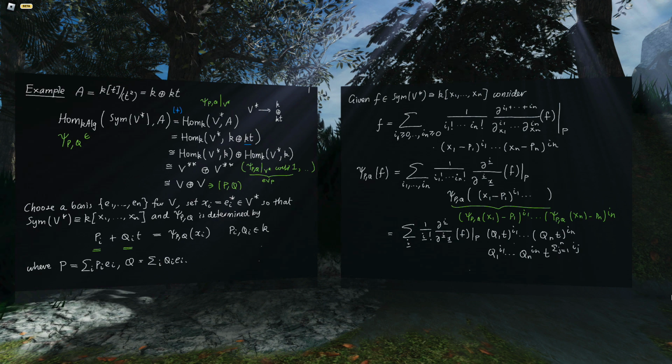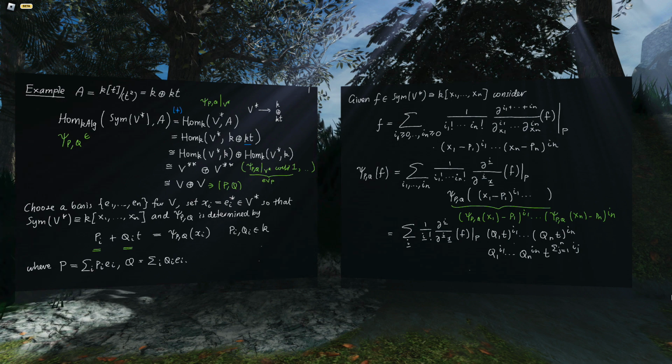Well, a multi-index I has a surviving contribution to this sum exactly when none of the ij's are non-zero, so they're just all 0, in which case I get t to the 0, or exactly one spot has a 1 in it and the rest are 0.